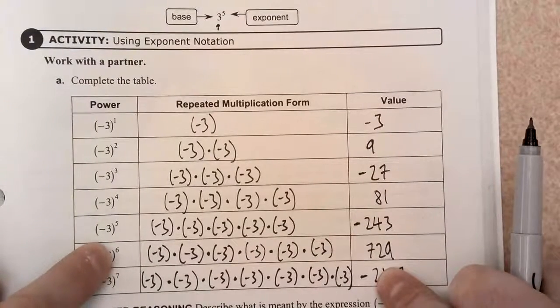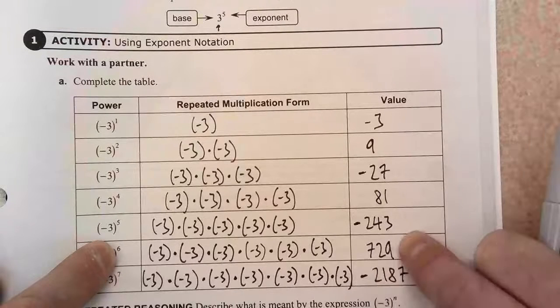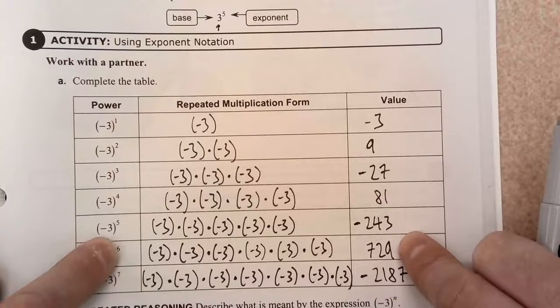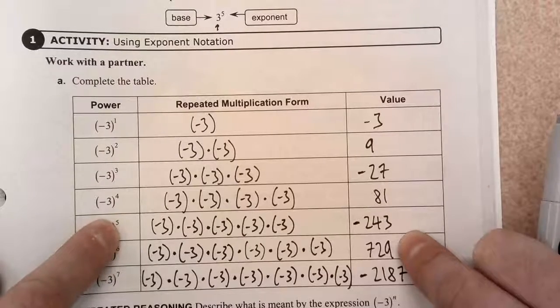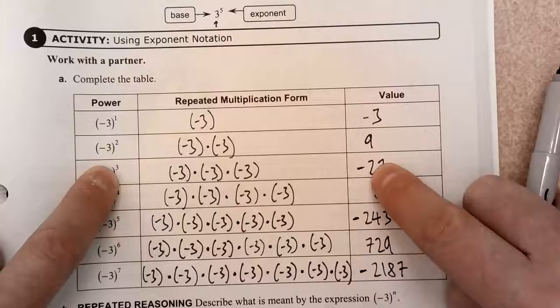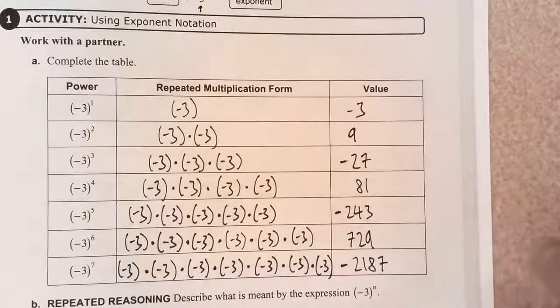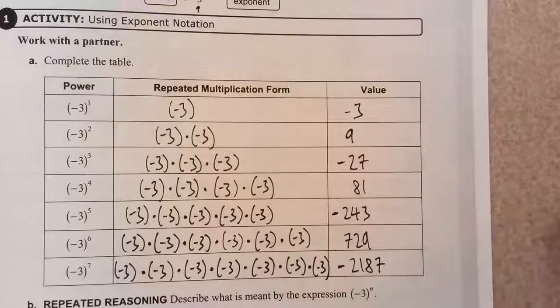Anytime the exponent is even, then your answer is positive. Odd, negative, even, positive. Okay, so anyway, a little trick that helps when you're dealing with a negative base.